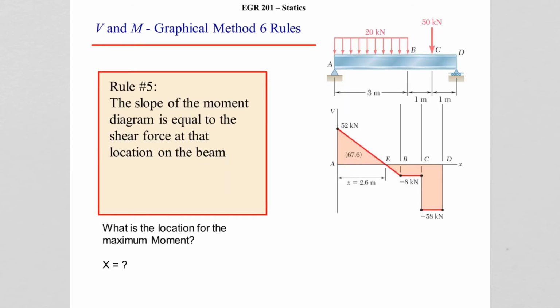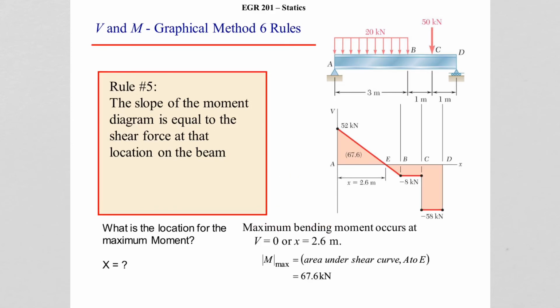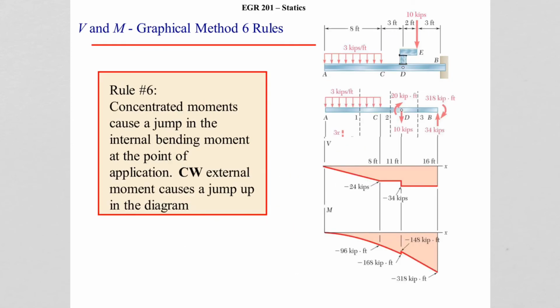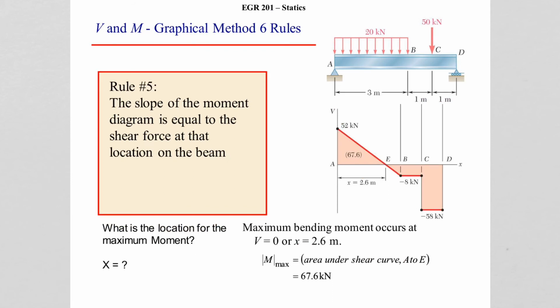The next rule is the slope of the moment diagram is equal to the shear force at that beam location. Again, remember this is our dM/dx. Our moment slope is equal to our shear. So anywhere along here we will know our moment equation's slope.